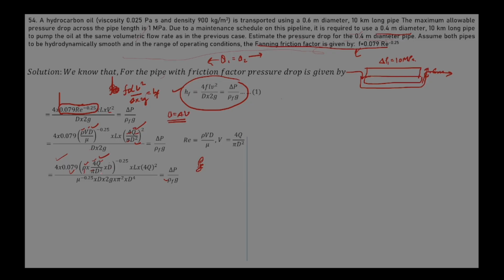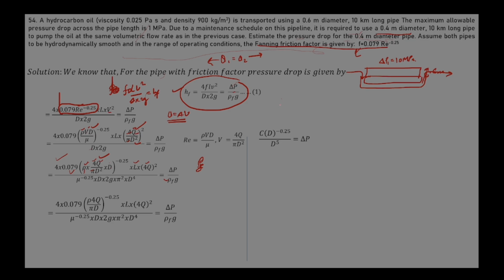Here D will cancel out, 1 D will remain. L is constant, 4 is constant. Except D, everything is constant. After rearranging, I will get this.